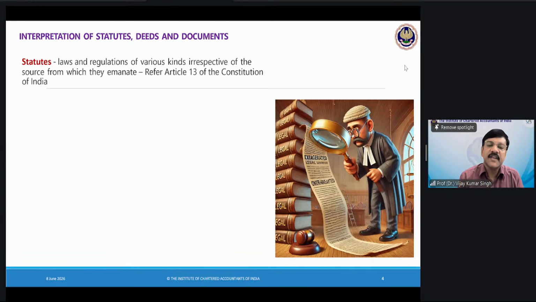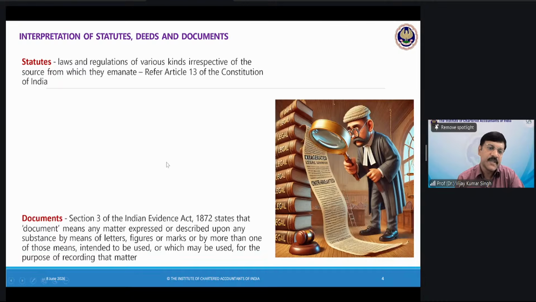So this is a very important point. And statutes, we are talking about these statutes. These statutes have some clauses, some text, and this needs to be interpreted, this needs to be understood as to what it means. Okay. So this is about statutes.